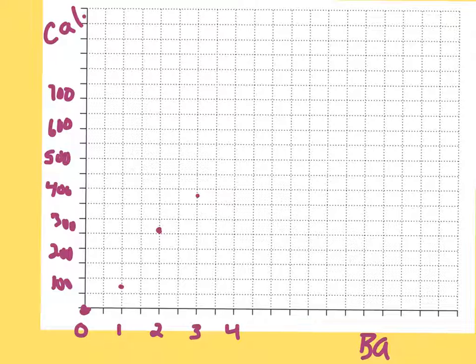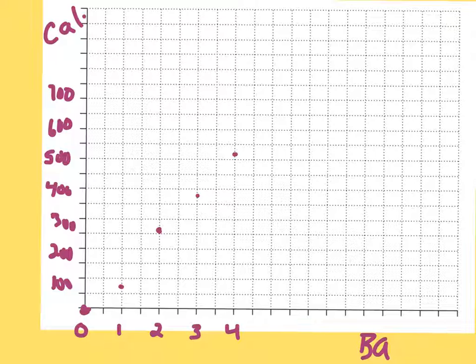And 4 bars is 520, so just a little bit past 500. Now we need to ask ourselves, is this domain continuous or is it discrete?